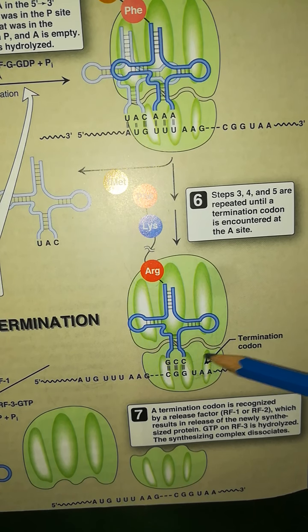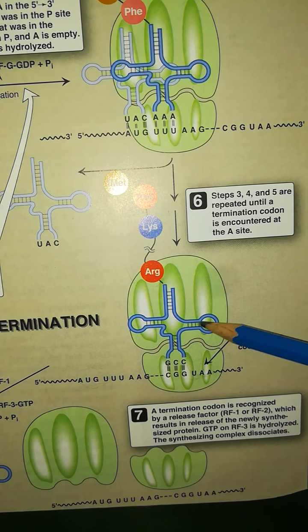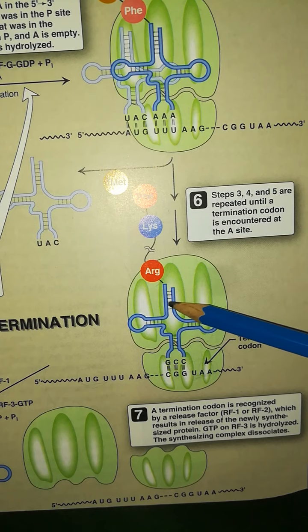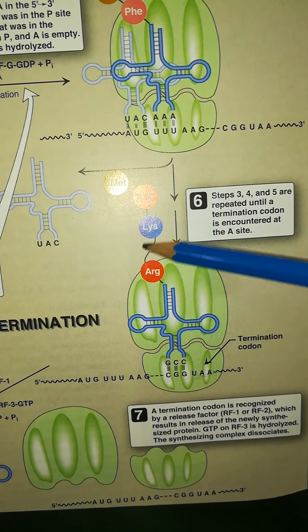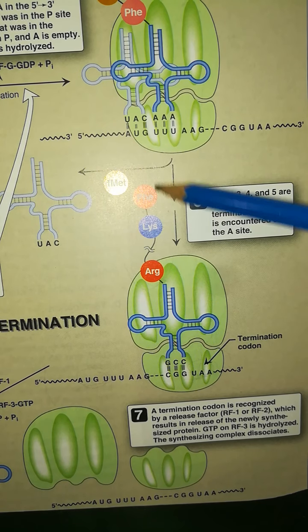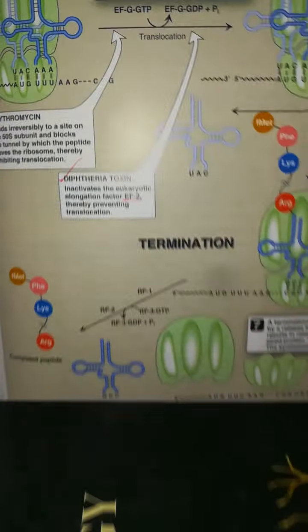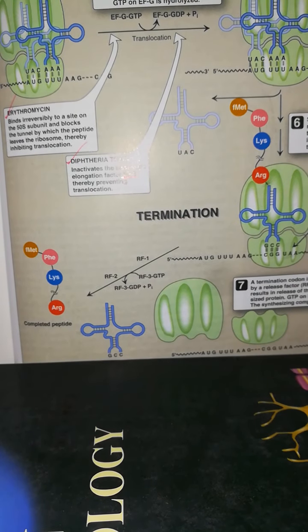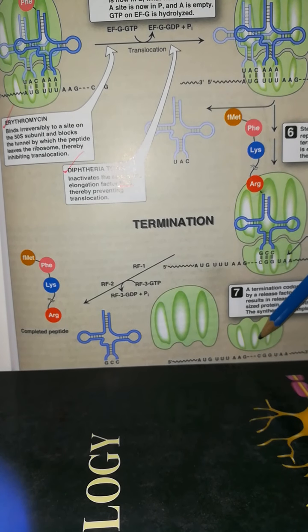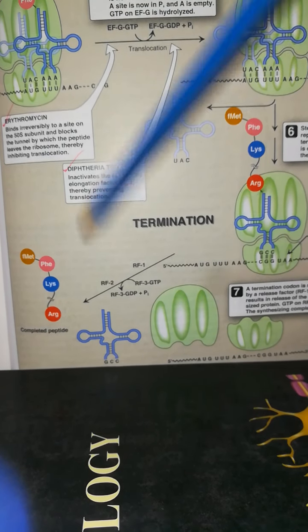At that time the releasing factor comes to this site and causes separation of the small ribosomal subunit, the large ribosomal subunit, and the tRNA, as well as separation of the amino acid chain from the tRNA. Here you follow that the small ribosomal subunit is separated and the large ribosomal subunit is separated by this releasing factor.